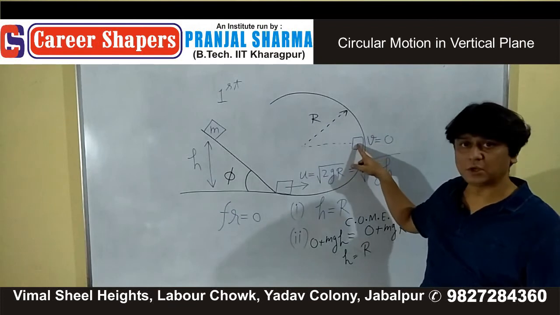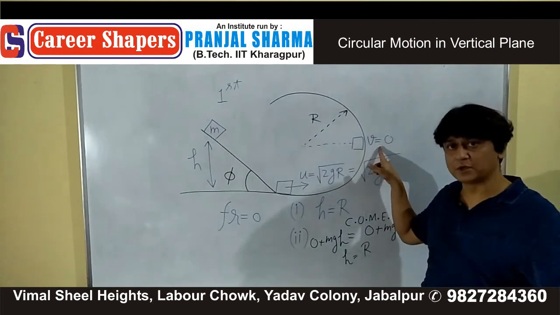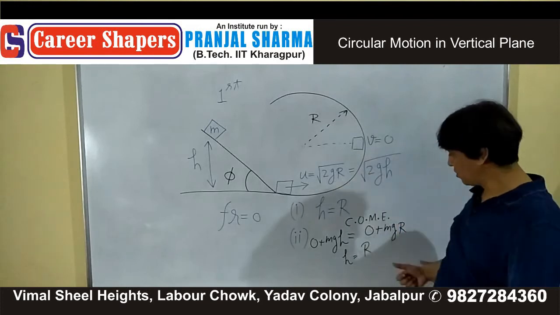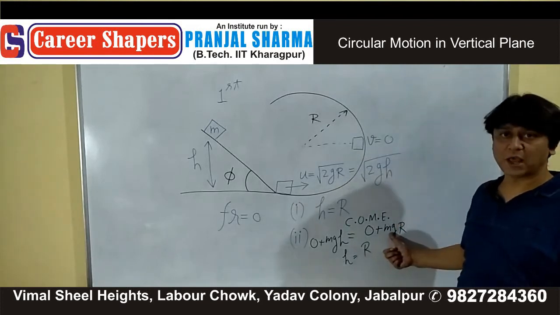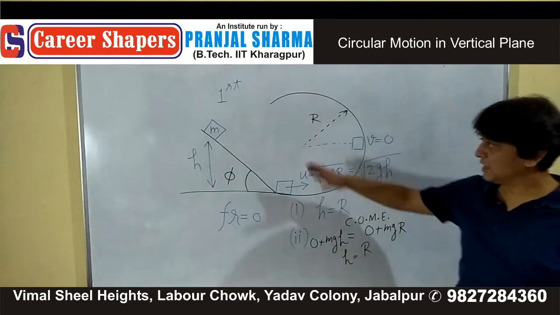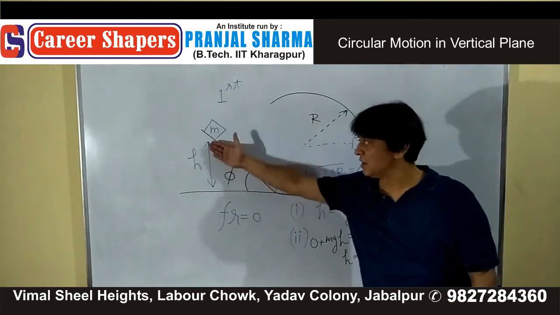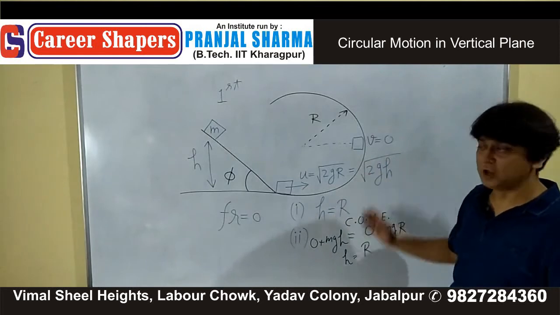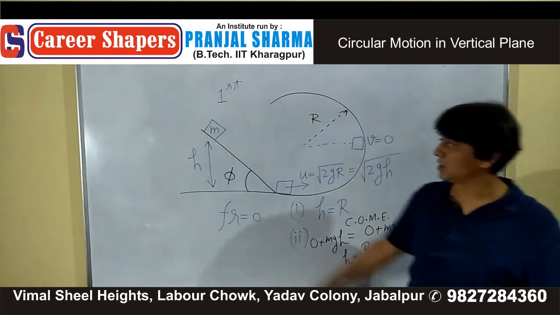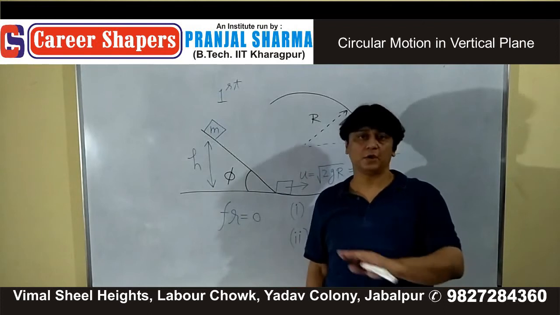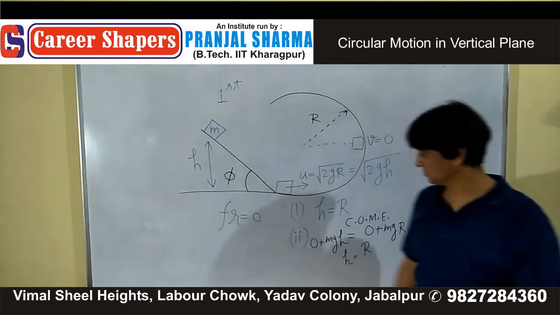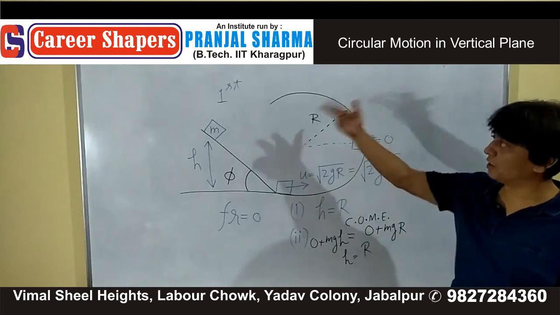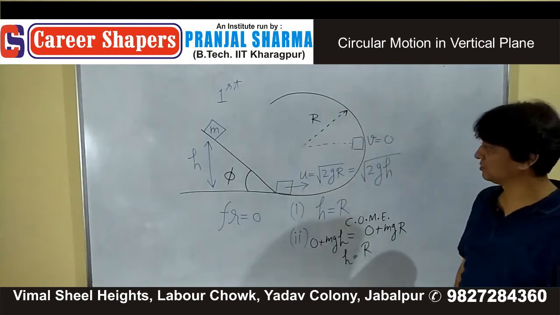At this position, kinetic energy again disappears, and the whole energy again reappears in the form of what? Potential energy. And therefore, this height and this height should both be the same, because at this position and at this position there is no kinetic energy. That gives you 2 methods for the first question.